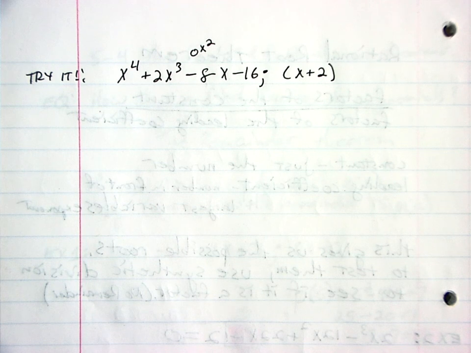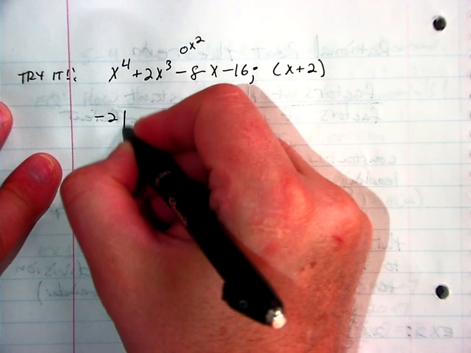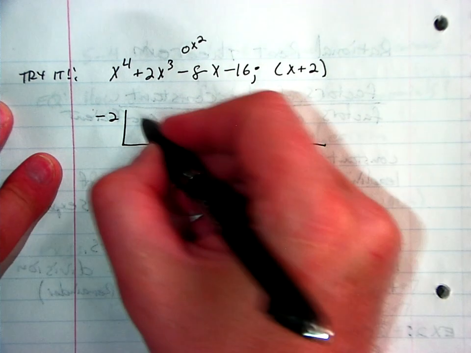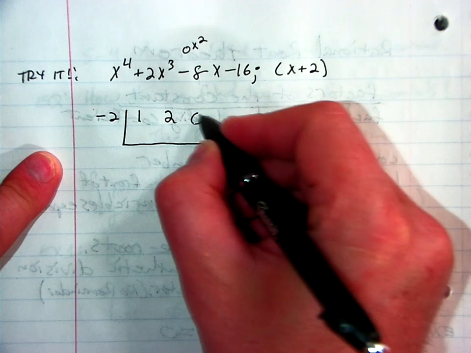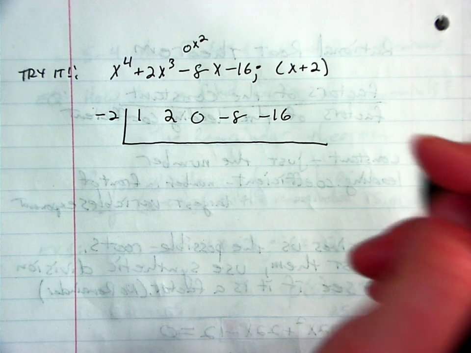What are you doing first? All right, set it up. So for your synthetic division, do that. Hold on. I'm not ready. Slow down. All right, so what goes here? Okay. Drop down to 1.